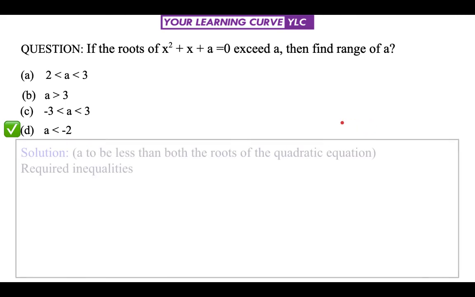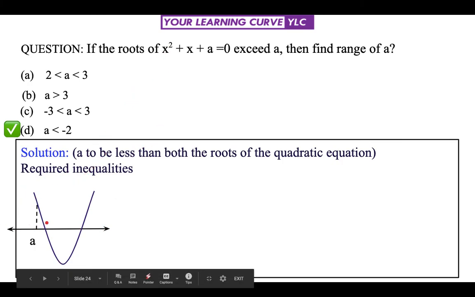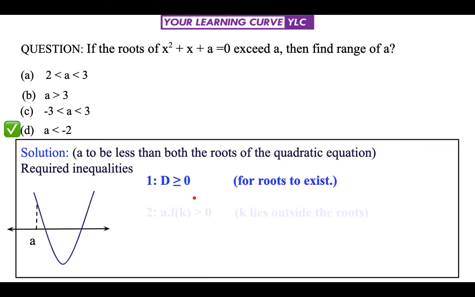Let's see the solution. Here you have to make sure that a is less than both the roots of the quadratic equation. So let's see the graph first. This is the parabola, a is 1, parabola opening upwards, a is lying towards the left of the parabola, hence this parabola has to be towards the right of a. First inequality, we have to ensure that the roots exist, so discriminant is greater than or equal to 0.